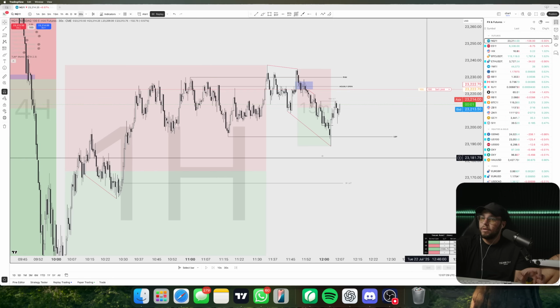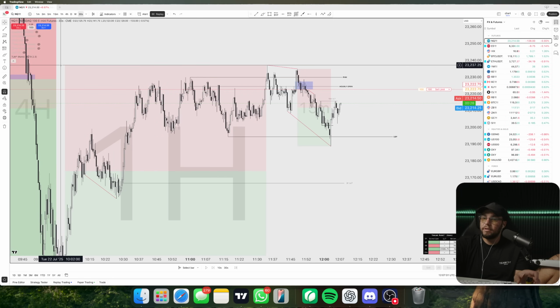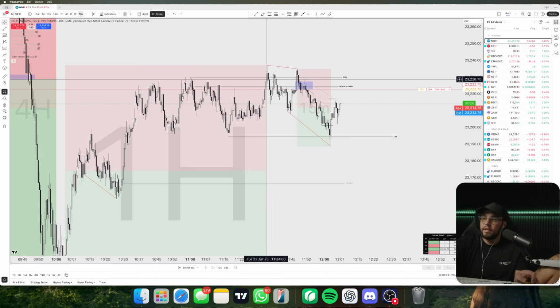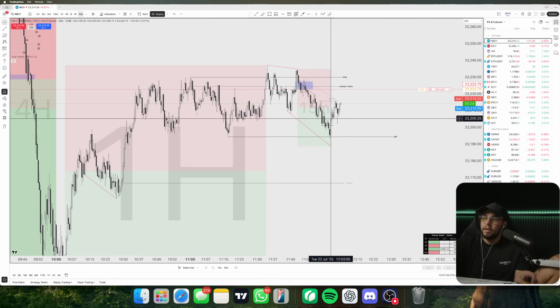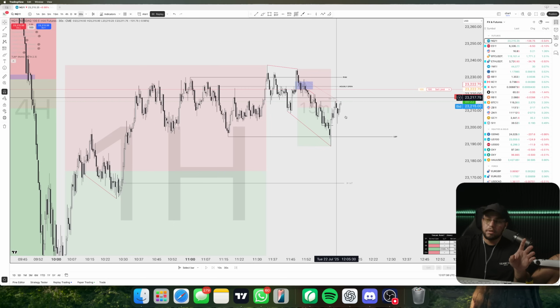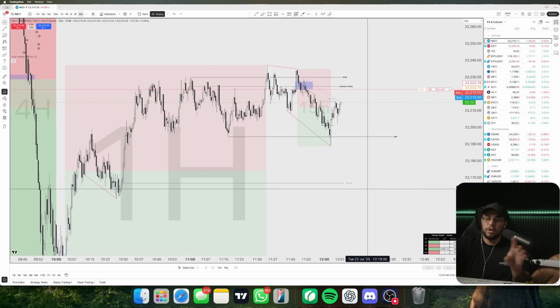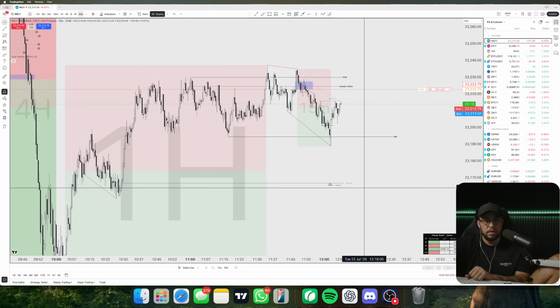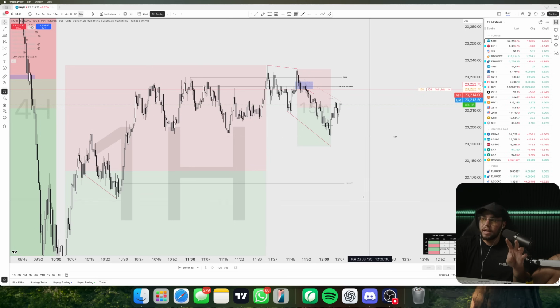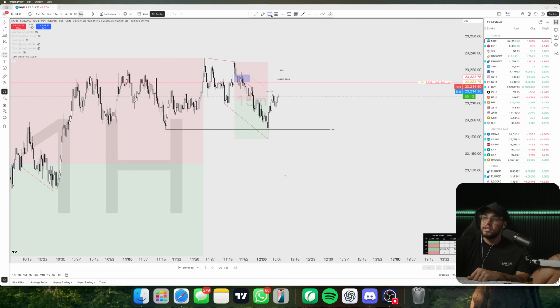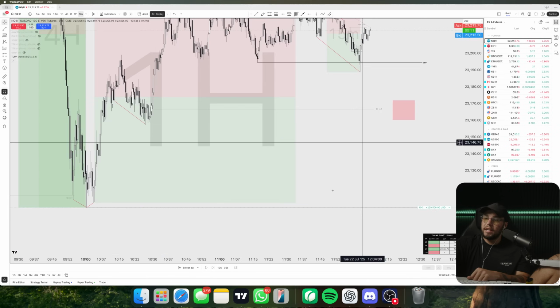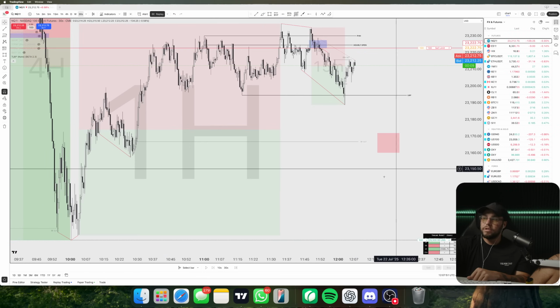Fractally, we go from 4-hour discount up here, create a leg, 15-minute discount into 4-hour discount or hourly discount. See what I mean? Just aligning all these stacks. And once this then trades into here, it could either go to the low or go to the high.